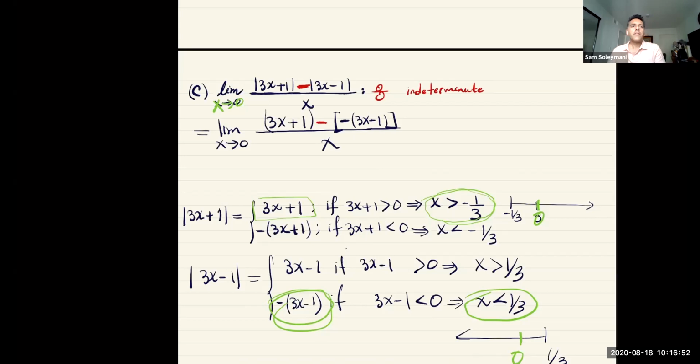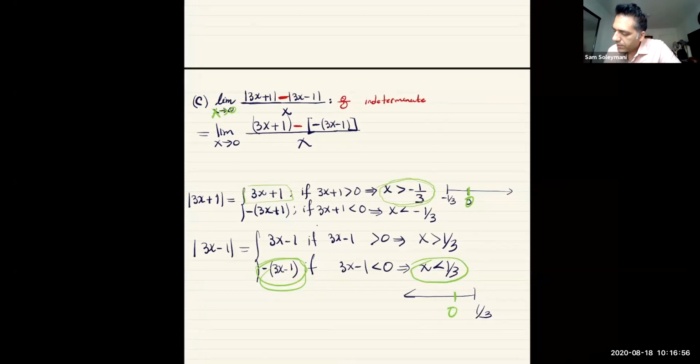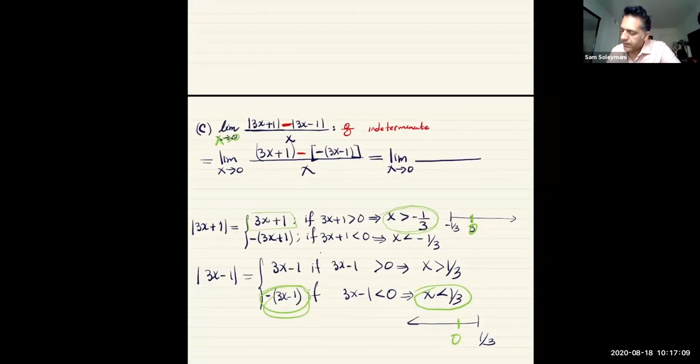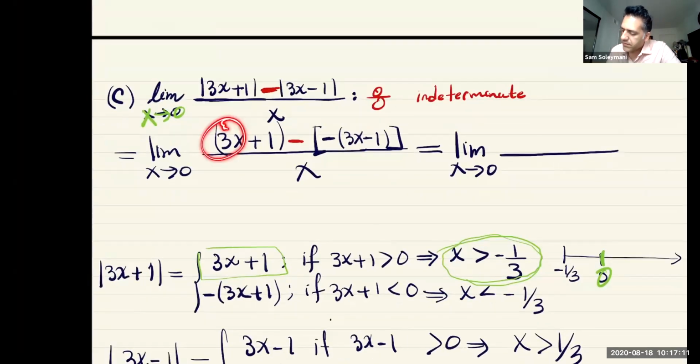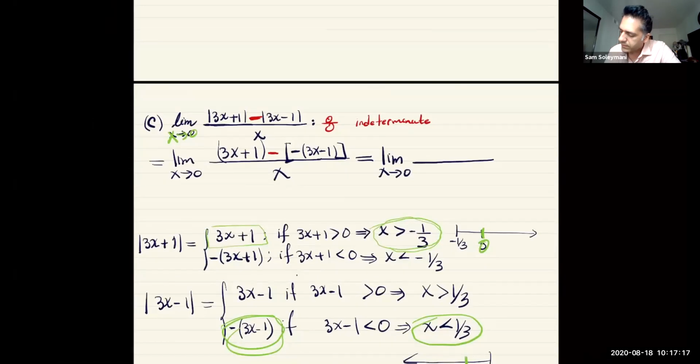Okay, again, if you guys have a question, let me know. All right, now simplify. Okay, so here we have a 3x. Let me zoom in. We have a 3x minus a negative 3x, which is a positive 6x.